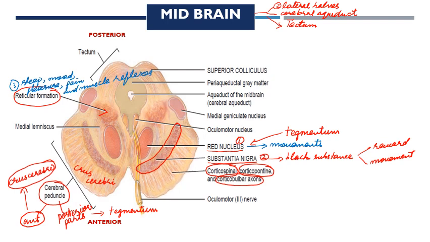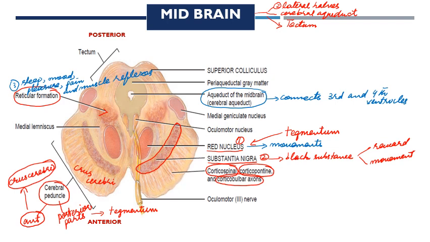Then the midbrain, as we have mentioned, has a very important feature that is called the cerebral aqueduct. The cerebral aqueduct connects the third and fourth ventricles.